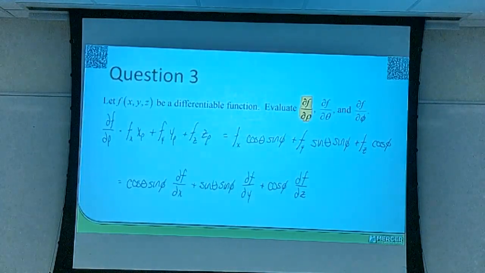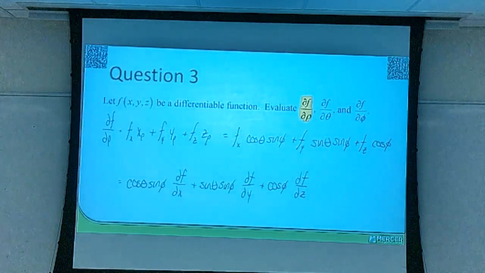And that would be the partial with respect to rho for a rectangular function.